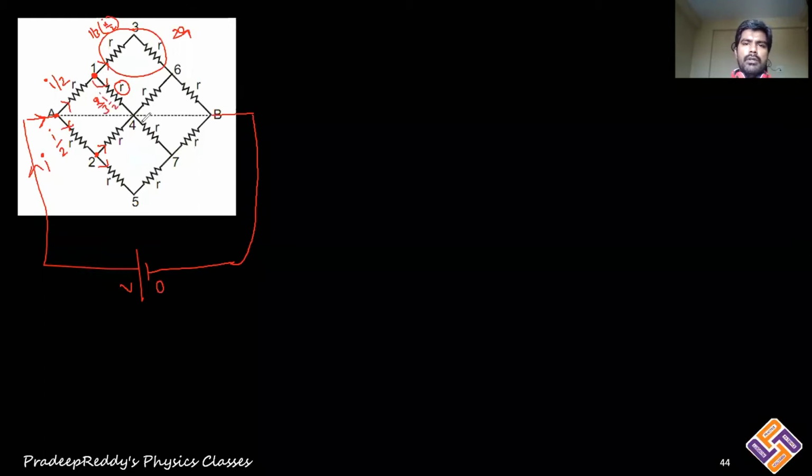Likewise, here also some part goes into this, some part goes into this. I don't want to make it complicated, so rather than taking 1 by third, 2 by third, I'll call this I1 and this I2. Likewise, into this it becomes I2 and into this it becomes I1.